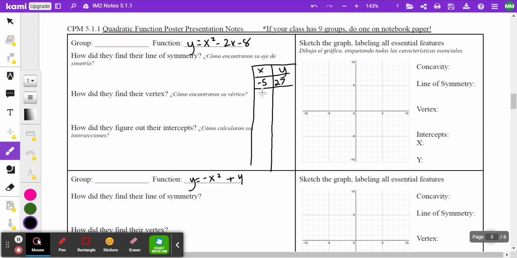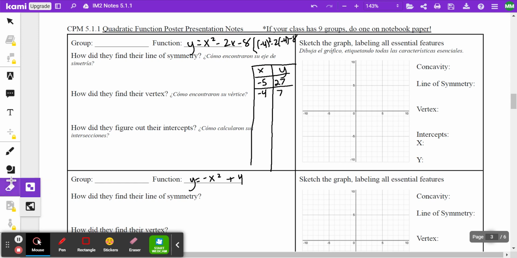That's not going on a graph. What about when x is -4? Put that into my equation. Just to be clear, I'm doing -4 squared minus 2 times -4 minus 8 to figure out what goes for y. And we have y is 16.